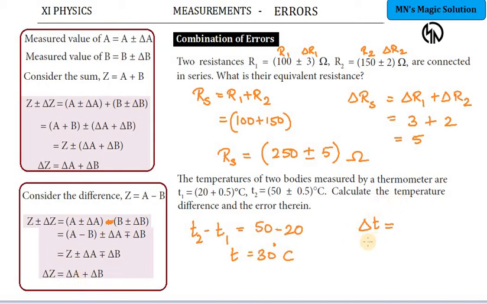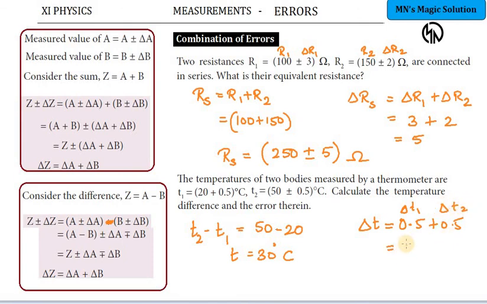you very well know that in order to find the absolute error for this difference, you should have to add their individual absolute errors. So what is the maximum error possible? In the range it is, see, it is 0.5 over here for T1 and 0.5 again for T2. So I'm going to add these two things together. 0.5 plus 0.5, that is del T1 plus del T2.